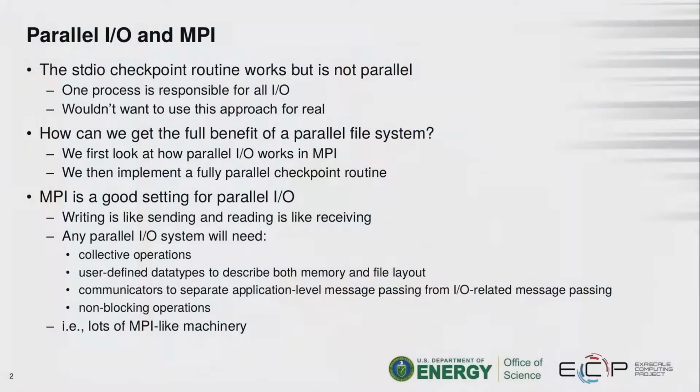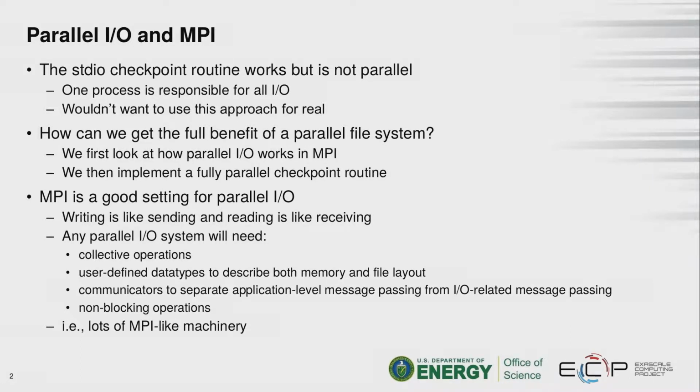There are probably some other approaches you could take to do your I/O efficiently, but if you do, you should at least know what's going on in the MPI-IO approach and try to do at least that much, if not more. Because when we think about parallel I/O in an MPI context, it may seem a little strange to think about message passing and files.